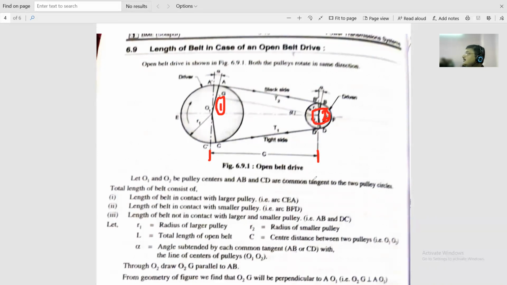And what do you mean by R2? Radius of the driven pulley. C is nothing but the distance between the driver and driven pulley centers, the center to center distance. So this is the length of the belt in case of open belt drive.